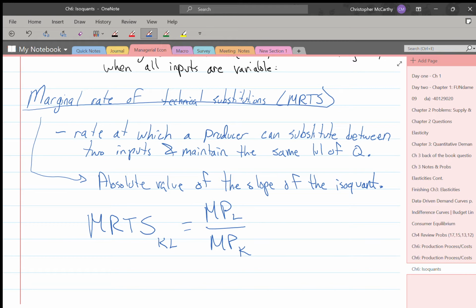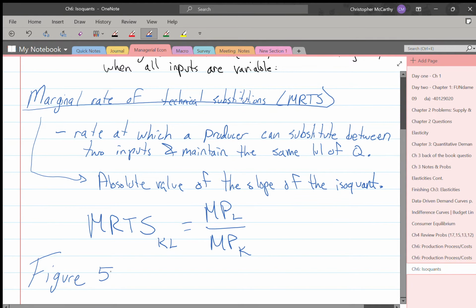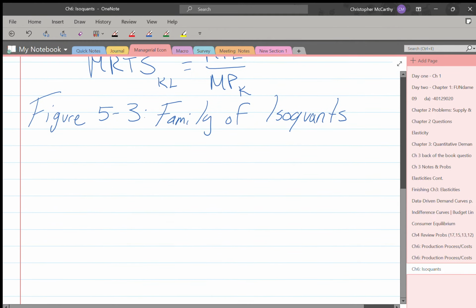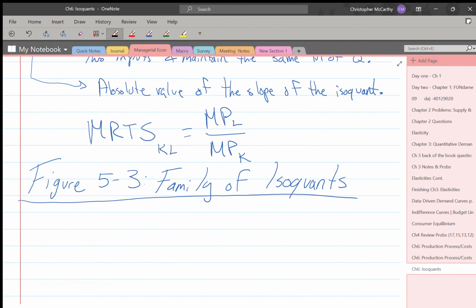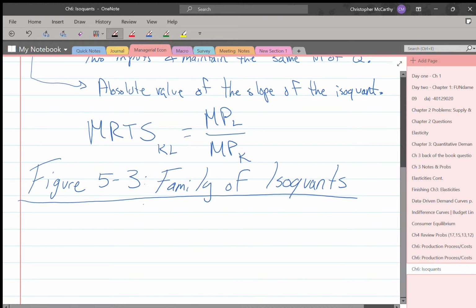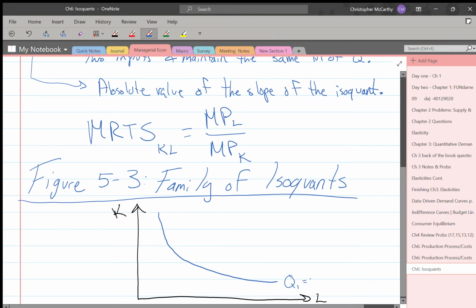All right. Family of isoquants, figure 5-3. So we've got capital on our y-axis, we've got labor on our x-axis, and we've got a nice convex to the origin quantity 1, which is 100 units of output.